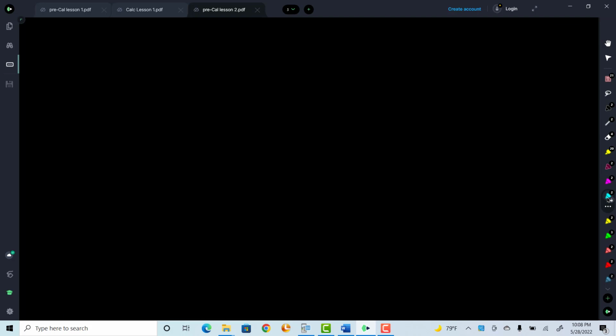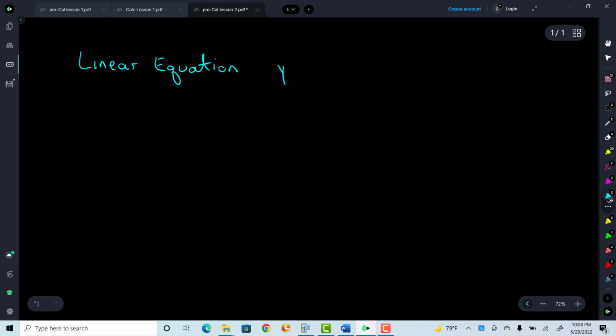So, just as a reminder, a linear equation has the standard form of y equals mx plus b, where the m is the slope and the b is the y-intercept.